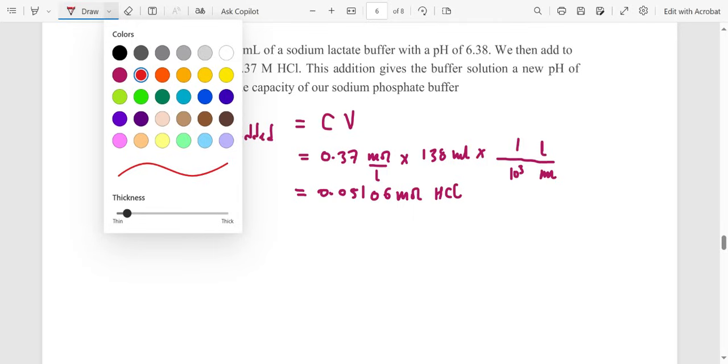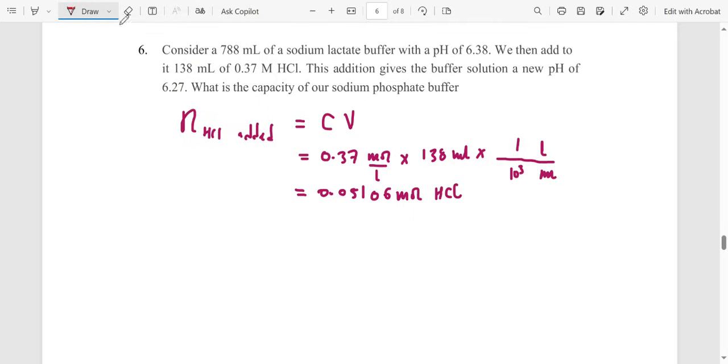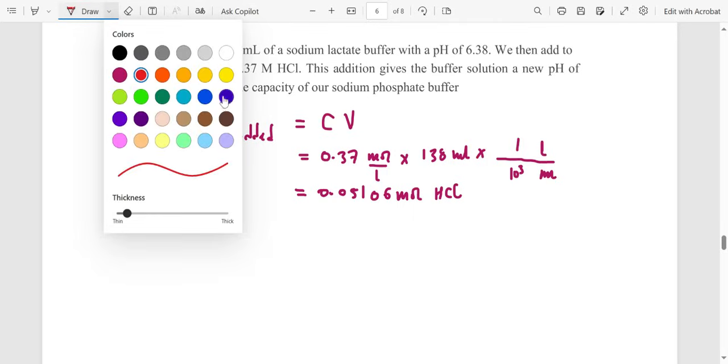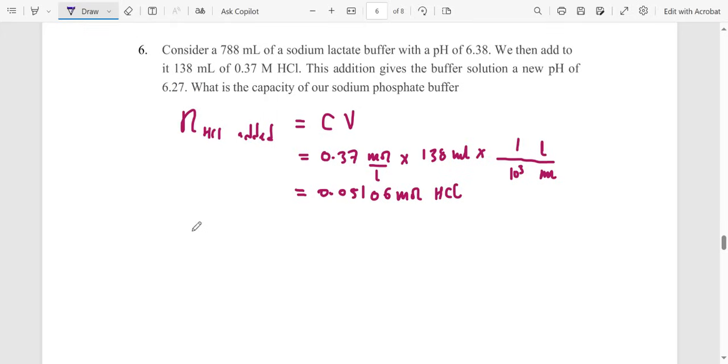So now the next thing we need to determine: remember when we added these moles, the pH changed. So there is a change in pH, and we need to find it. The change in pH is equal to final pH minus initial pH.